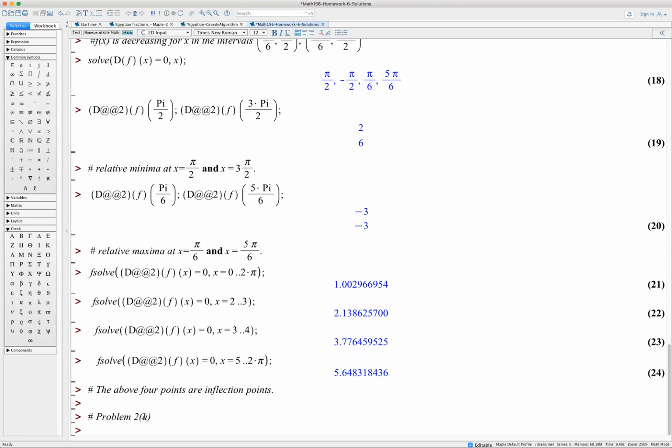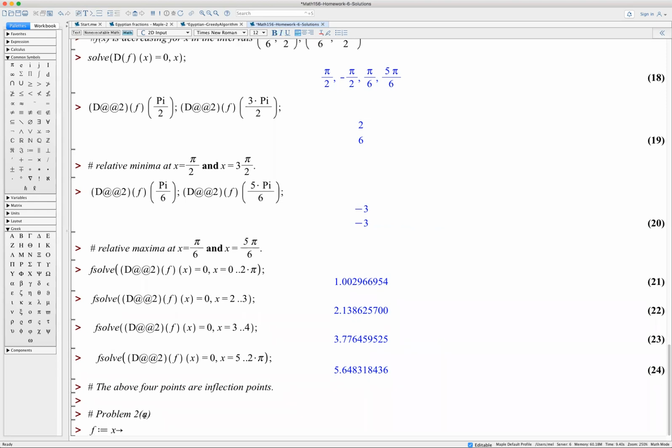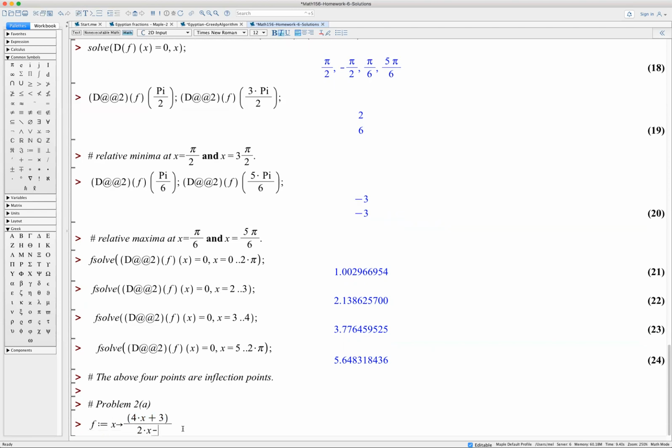So we have this function f, x goes to 4 times x plus 3 divided by 2x minus 1.